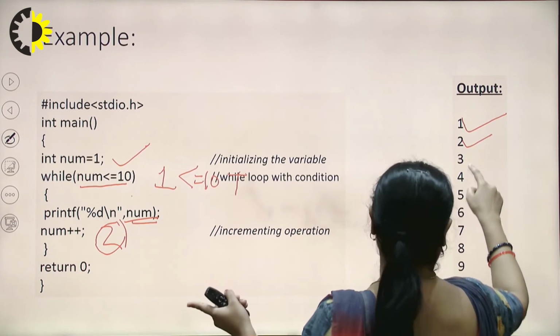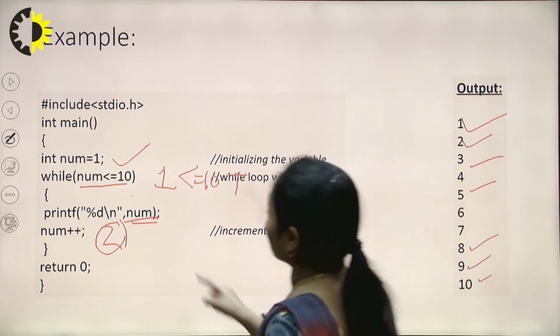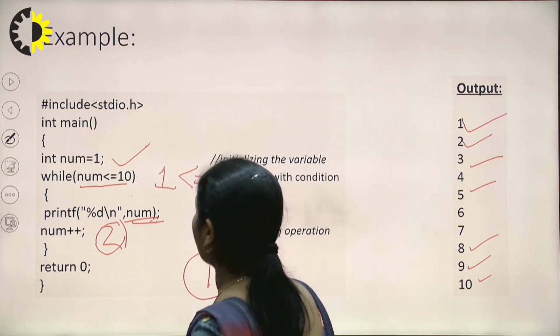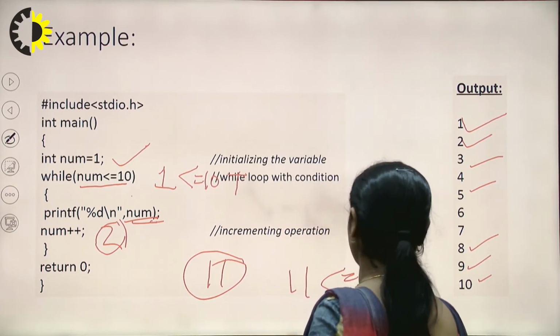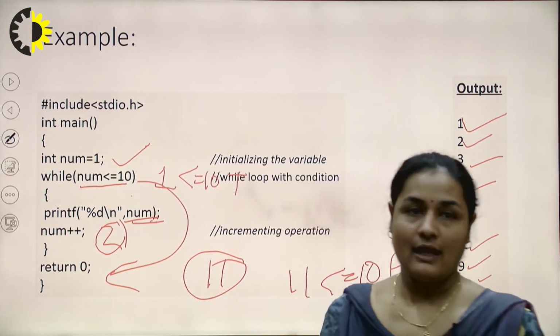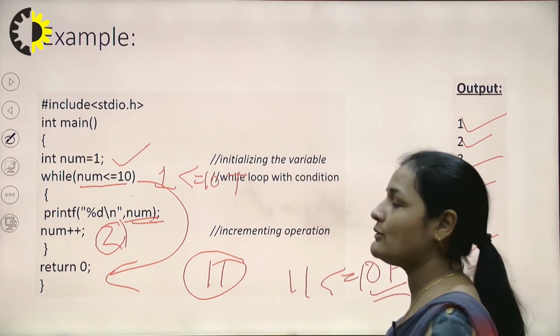And it will increment, then 3, then 4, then 5, and so on up to 10. When it prints 10, it will increment and become 11. Is 11 less than or equal to 10? No, the condition is false. When the condition is false, the loop will stop and we move out of the loop and it will return 0. So this is how we use the while loop.